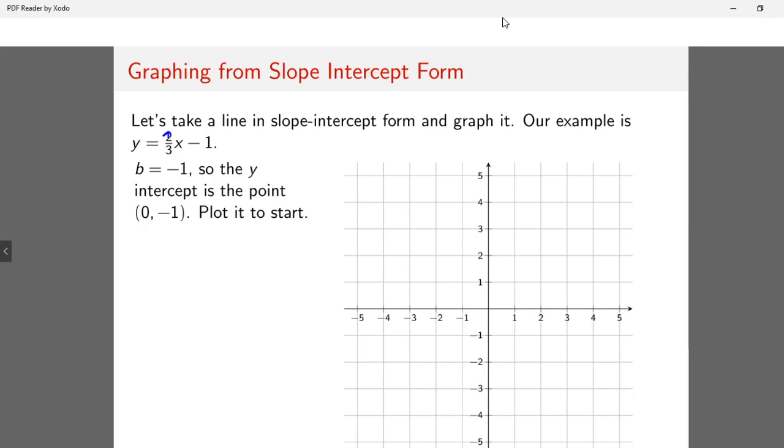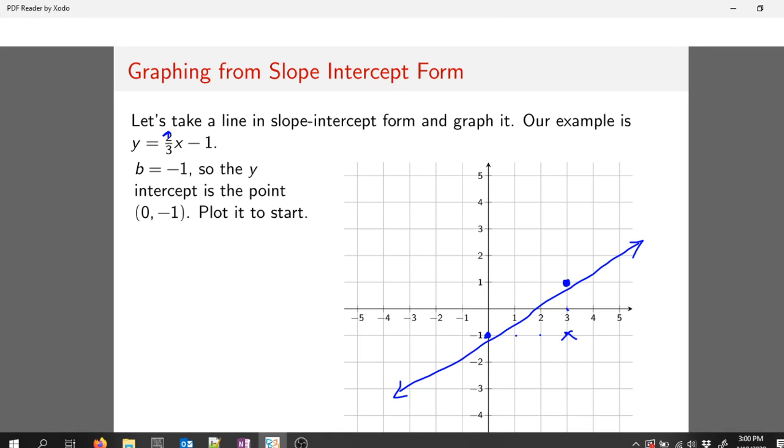Negative 1, 1, 2, 3, and then up 2, 1, 2. Here's my other point, and I connect those with a line. And that is my line.